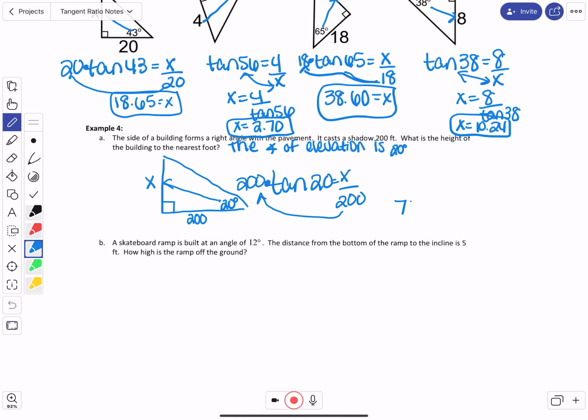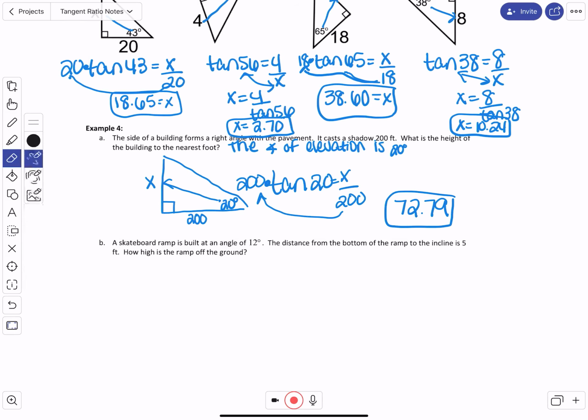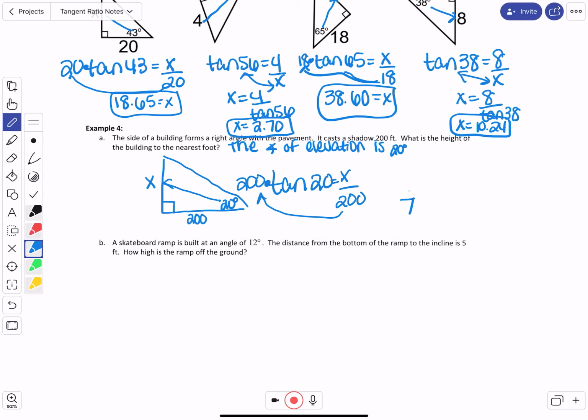Okay. Oh, it does say round to the nearest foot. Sorry, I didn't see that. So what is to the nearest foot? So we would say 73 feet.